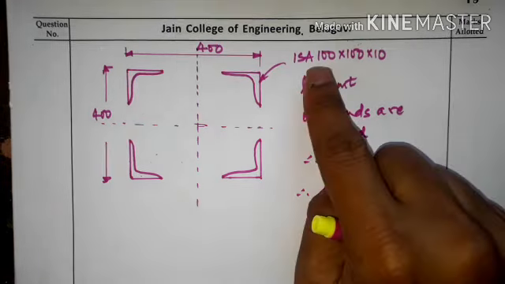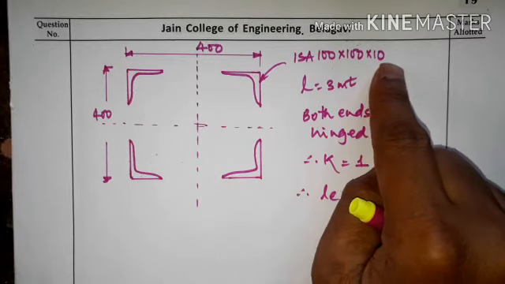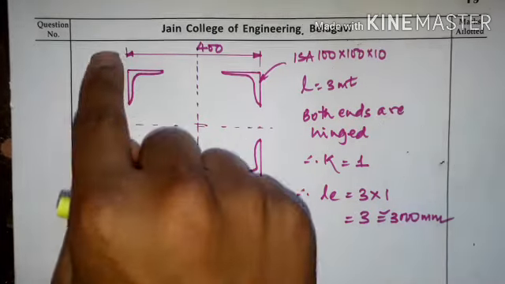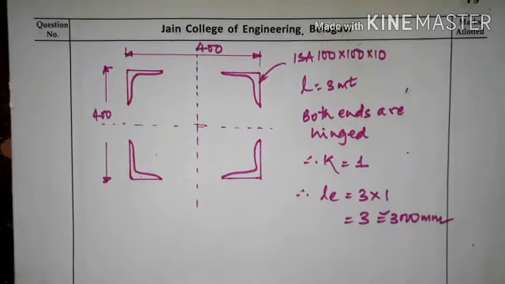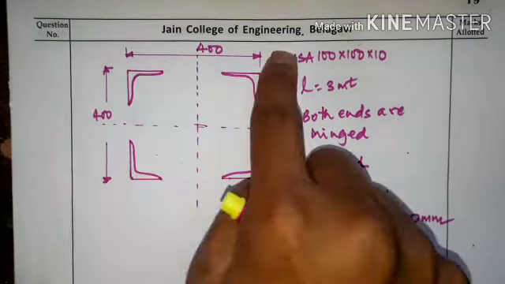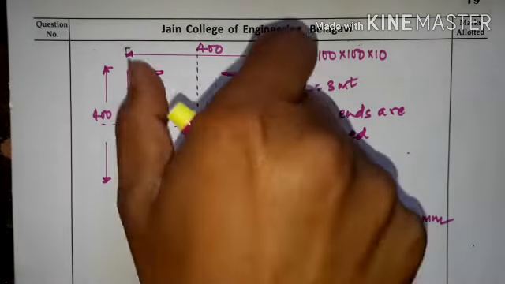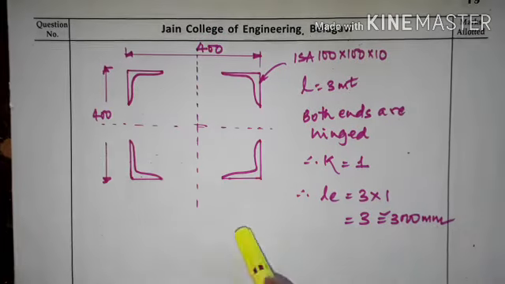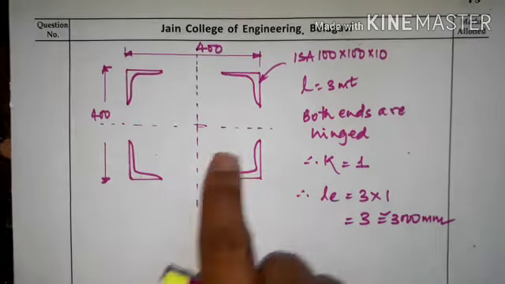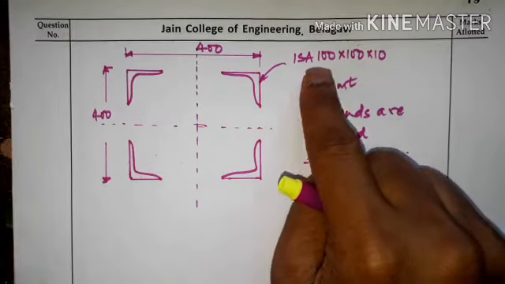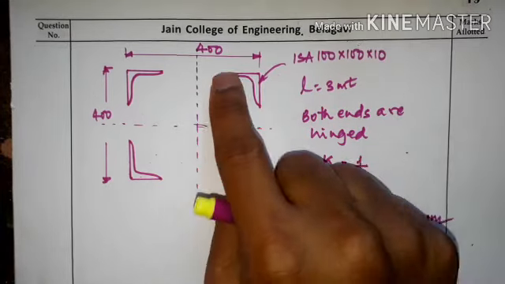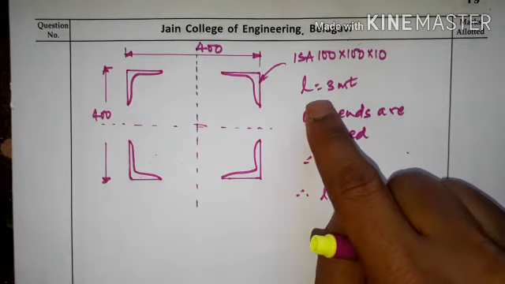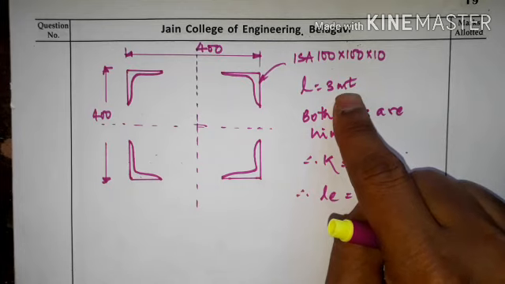The angle size is ISA 100 by 100 by 10, and the column size is 400 mm by 400 mm. So the total column size is a square column 400 by 400.